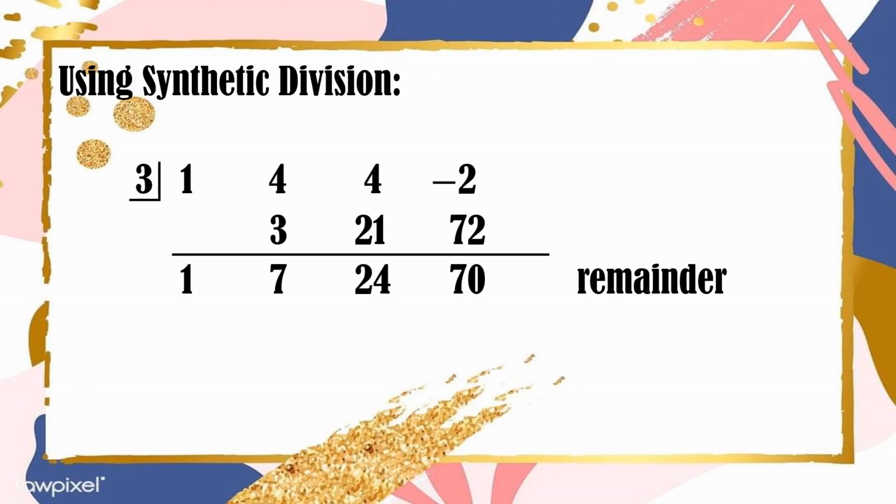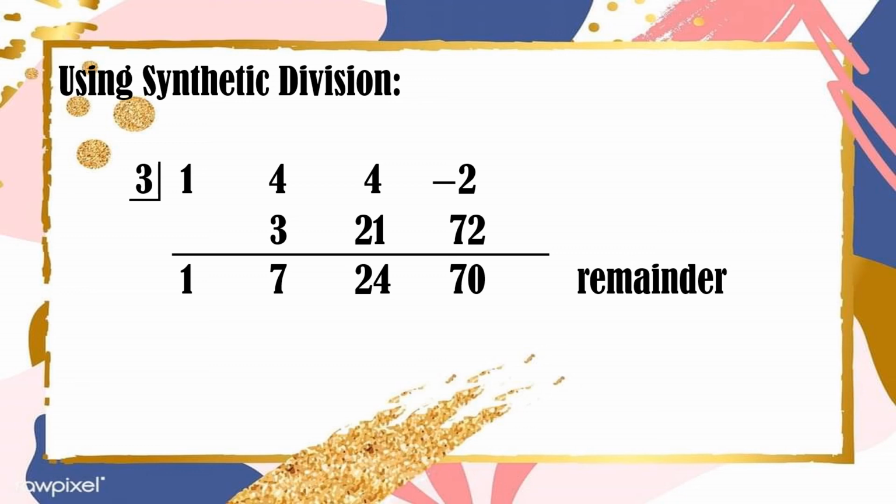Then add 4 to 3, that will result in positive 7. Then multiply 7 by 3, which will be equal to 21. Next, add positive 3 to positive 21, that will be equal to 24. Then multiply 24 by 3, that will result in positive 72.